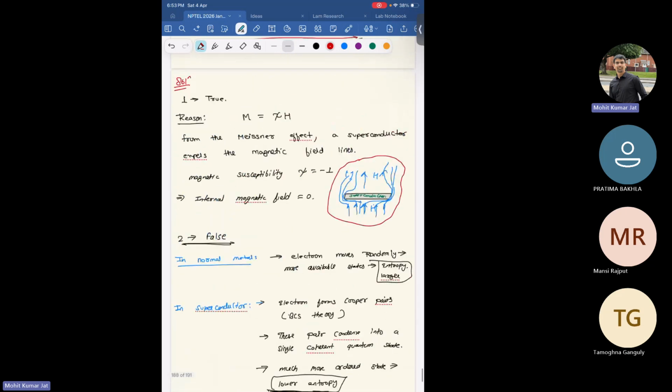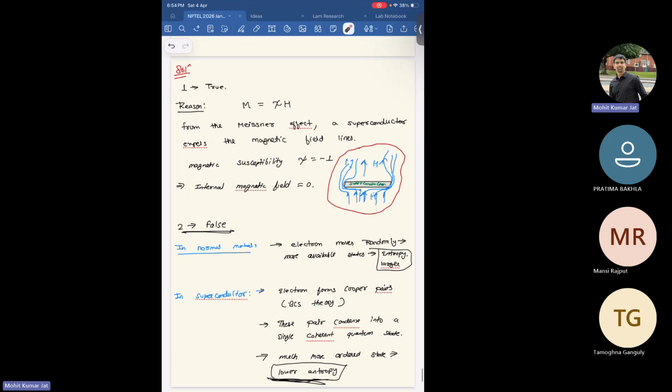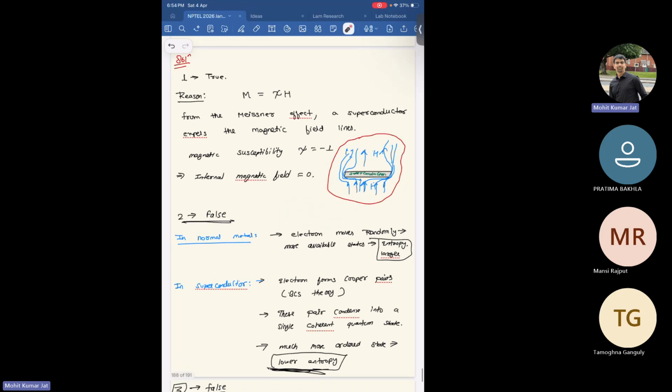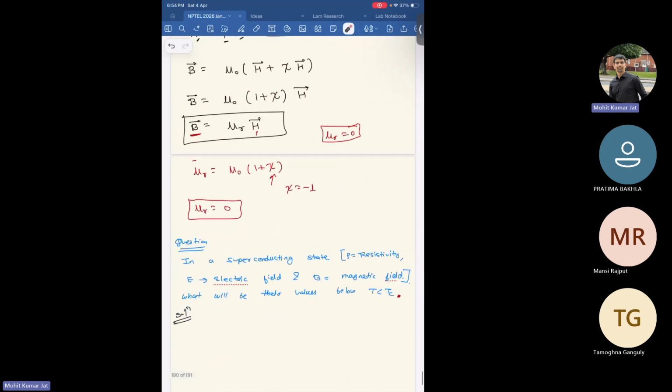I'm really sorry, I'm having some severe cough. So this is the phenomenon, the Meissner effect. If you have a material which can host superconductivity and you cool it down below your critical temperature, T less than Tc, then what will happen to the magnetic field inside the system?